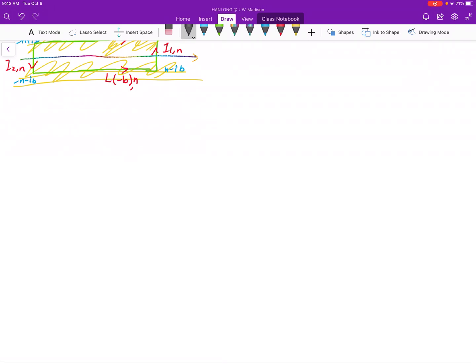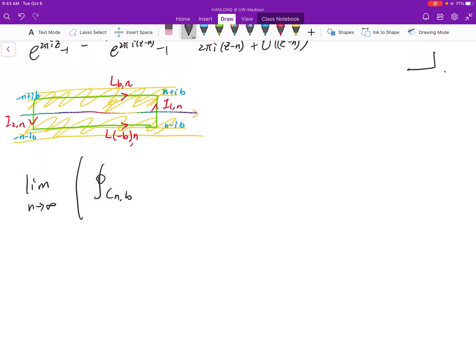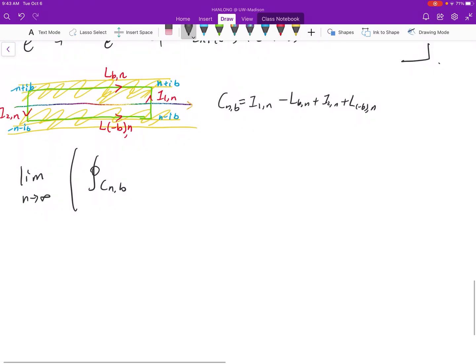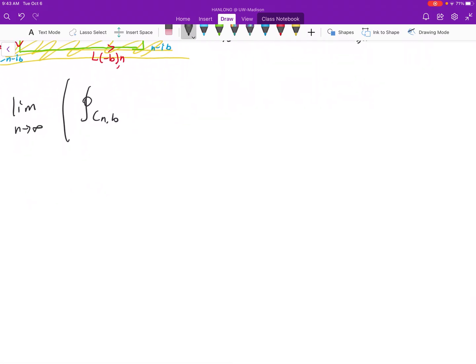Therefore, look at the contour integral along C m b. Recall that C m b is I1n minus L b m plus I2m plus L negative b n. If you do the contour integral of f(z) divided by exponential 2 pi i z minus 1 dz, then you have the following.